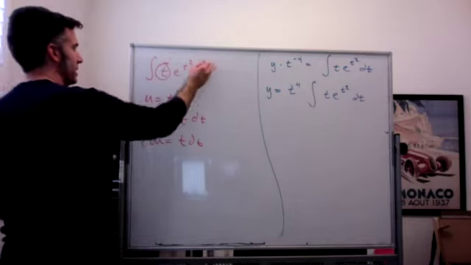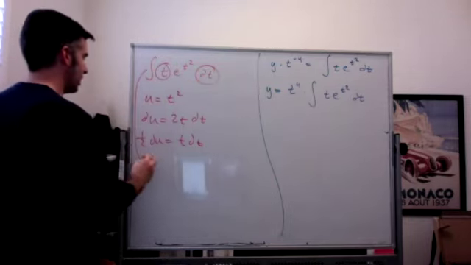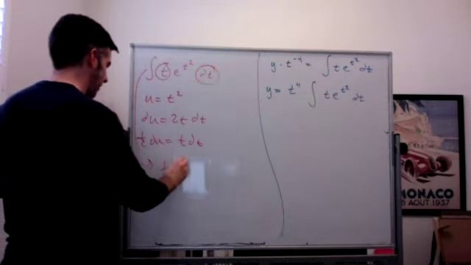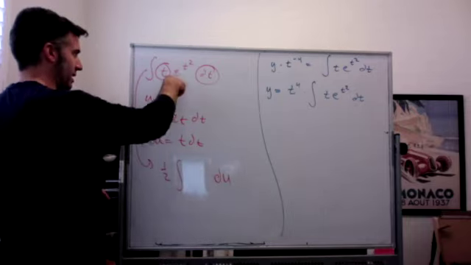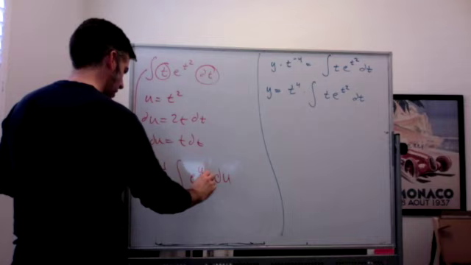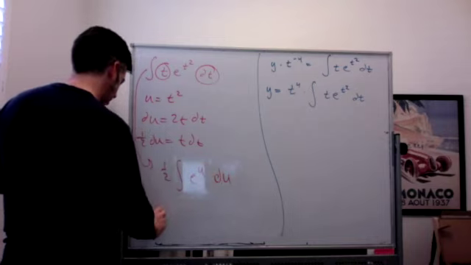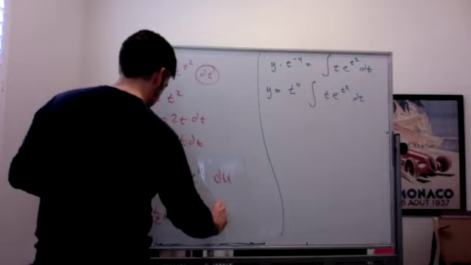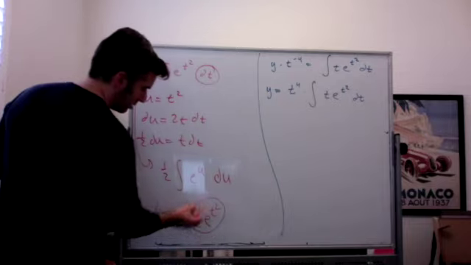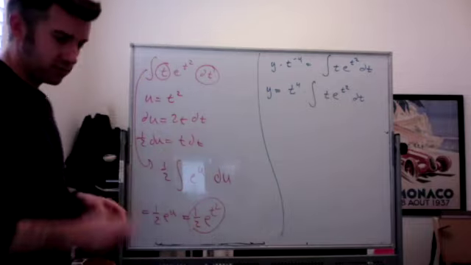There's my t dt. So this becomes 1/2 the integral of e to the u du. The integral of e to the u is e to the u, so you get 1/2 e to the u, which is 1/2 e to the t squared. So that's what our integral is.